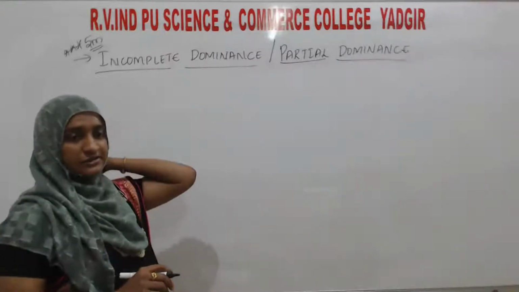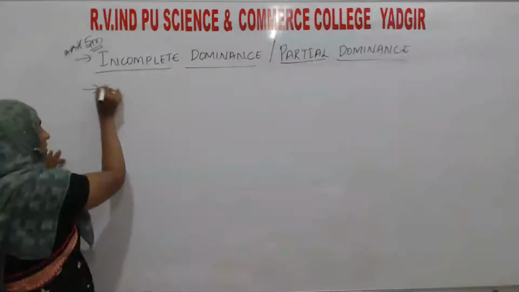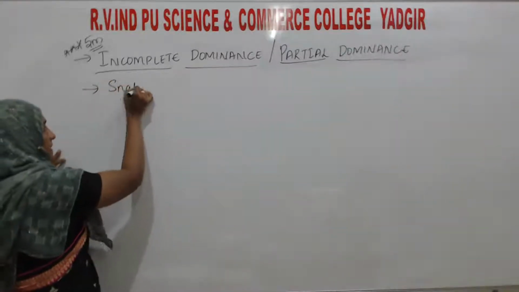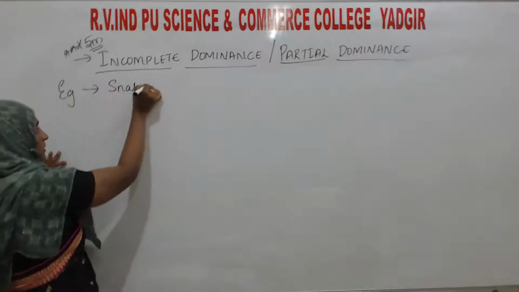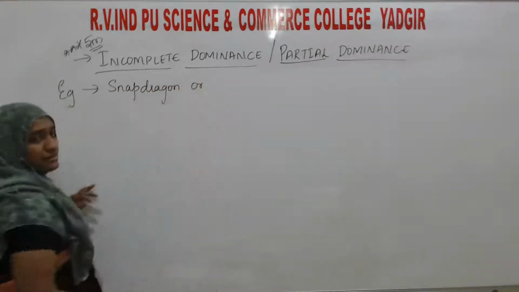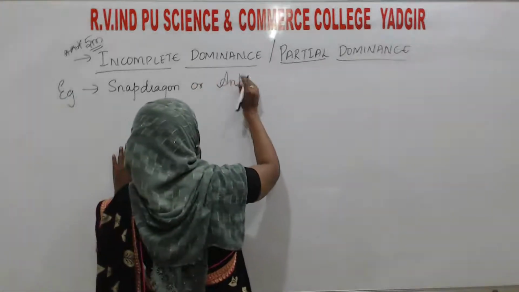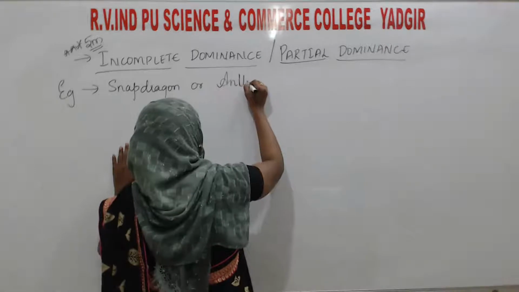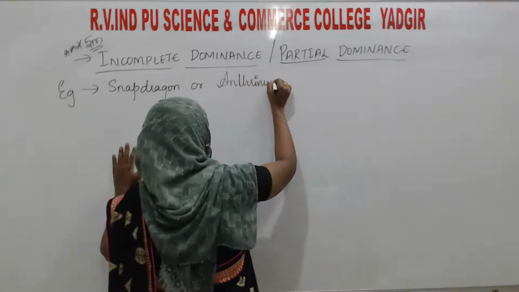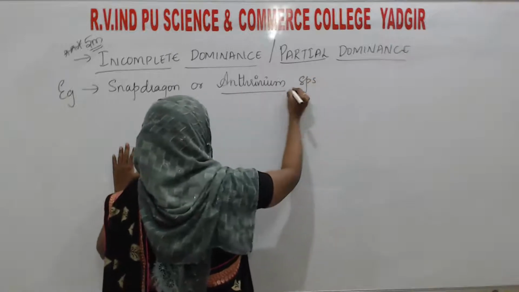First parents. We have to take, in which plant are we taking here? In the snapdragon or Antirrhinum species. This is a very important point.